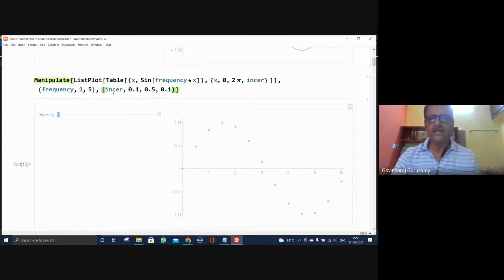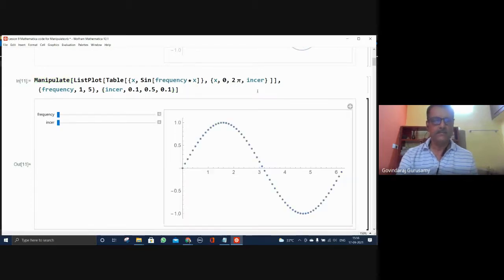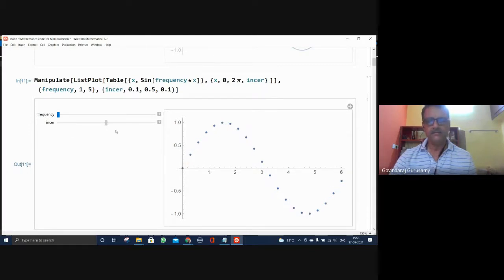So increment is a variable here. Previously you just took 0.5; I have made it a variable here, and that variable is manipulated here. Now this is 0.1, and when I increase this, the number of points will go down.